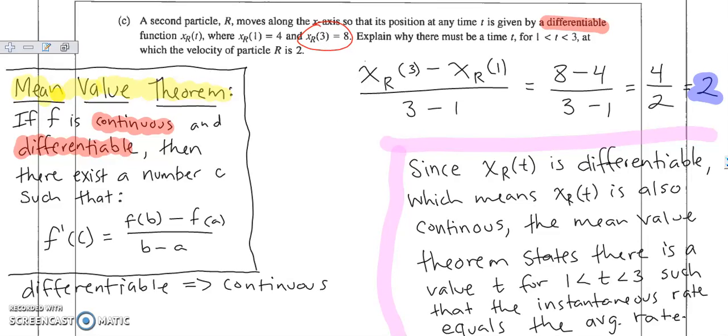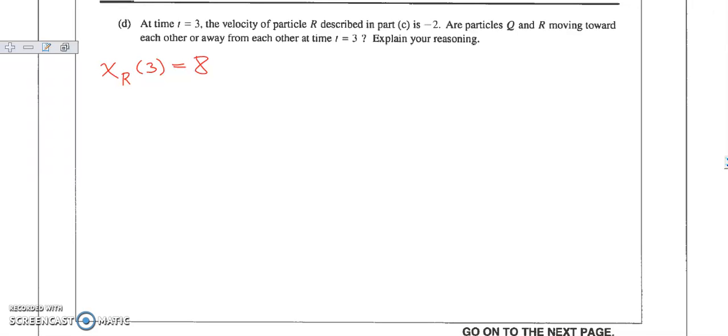So we'll write that down. And now in part D, they told us that the velocity at time t equals 3 for particle R is negative 2. So that first sentence pretty much says a lot.